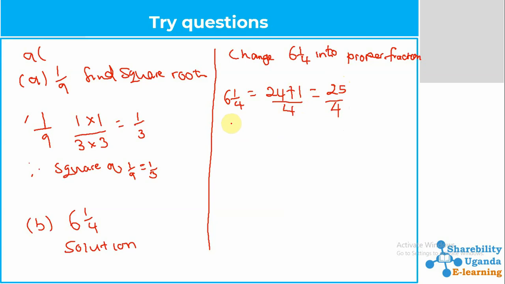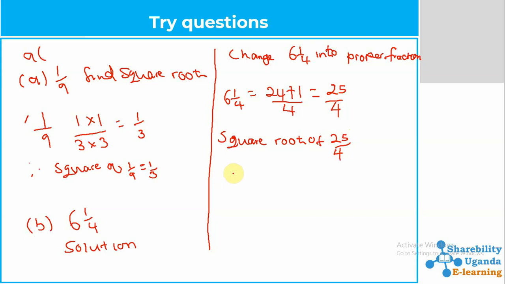Then now we can get the square root of 25 out of 4.